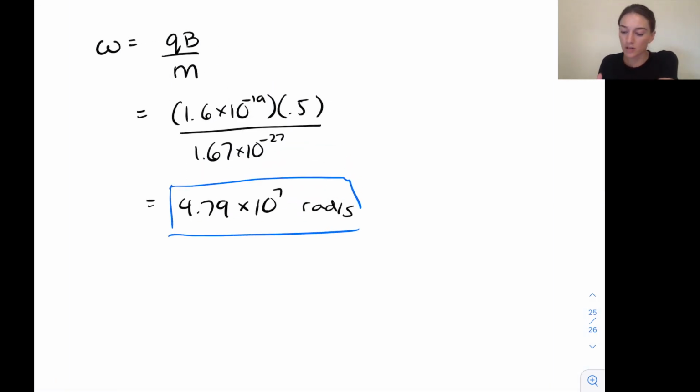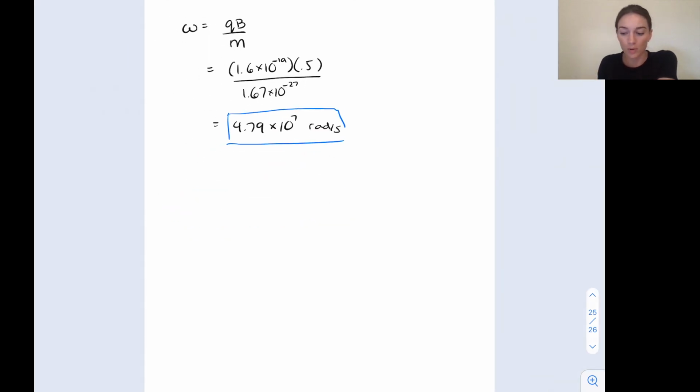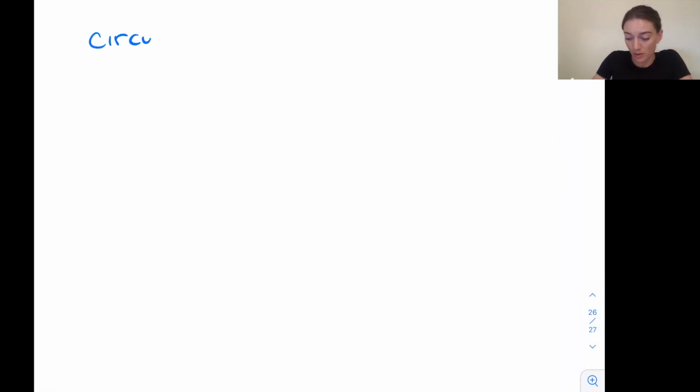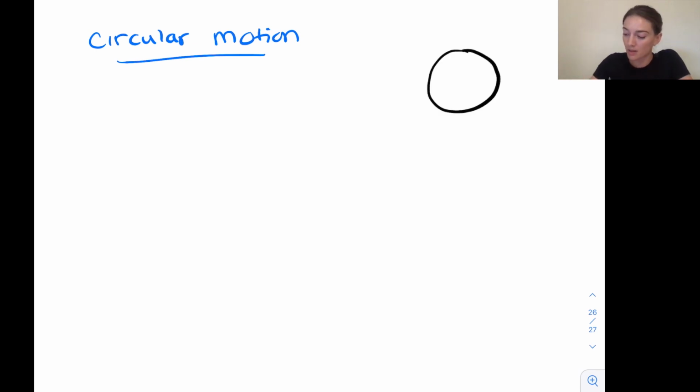All right, that's all the new material for today, but I'm just going to quickly go over uniform circular motion since I know that's easy to forget. Just a couple of the main equations. When we're in uniform circular motion, we're moving in a circle.